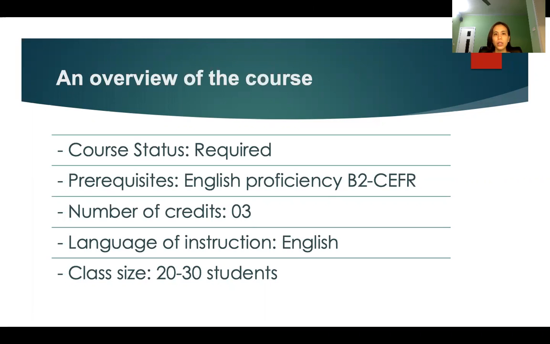The number of credits of the course is 3, and the language of instruction is English. Each class has about 20 to 30 students, and there are about 20 or more classes each semester.